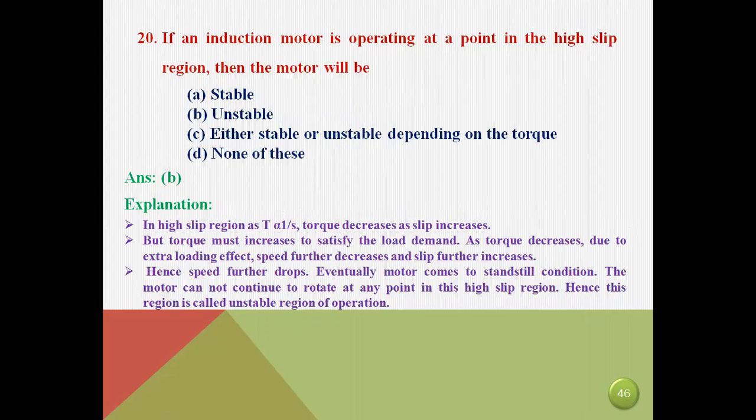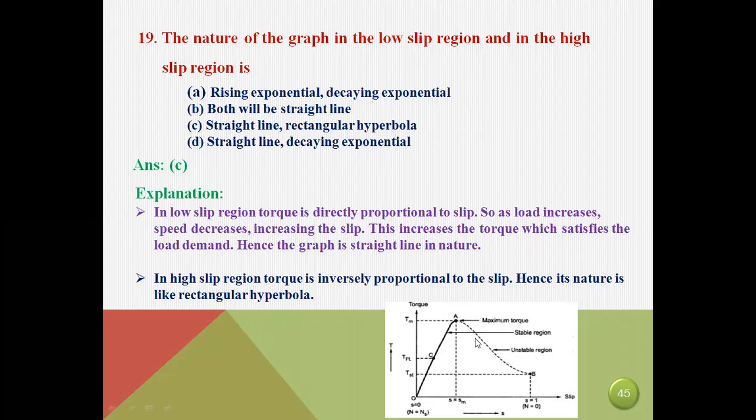Now there is a question: if an induction motor is operating at a point in the high slip region. Just see the graph. In the low slip region, the operation is stable. But in the high slip region, it is unstable.